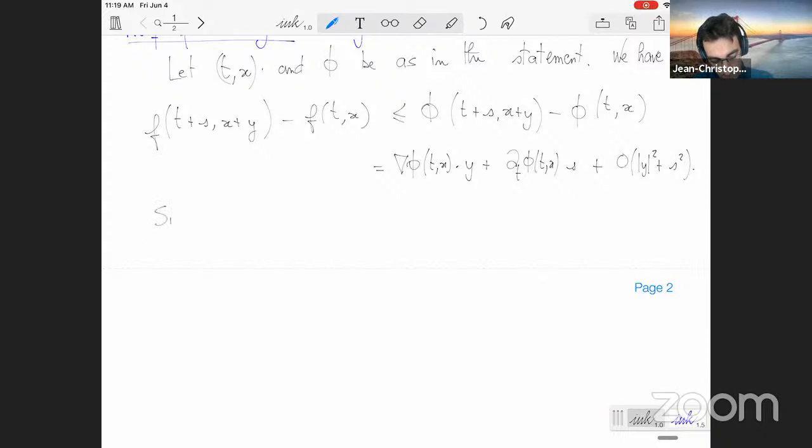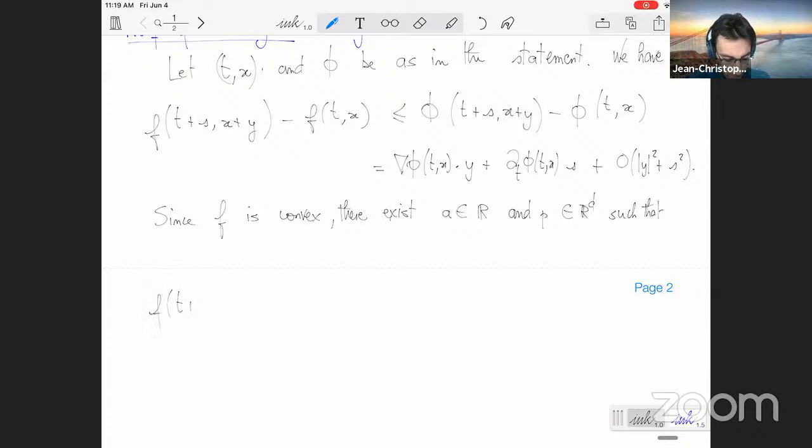So since f is convex, there exist a in R and p in R^d such that f(t+s, x+y) minus f(t, x) is always larger than a s plus p dot y.